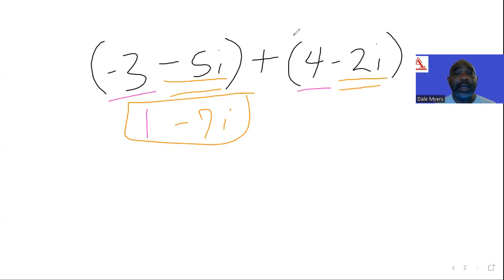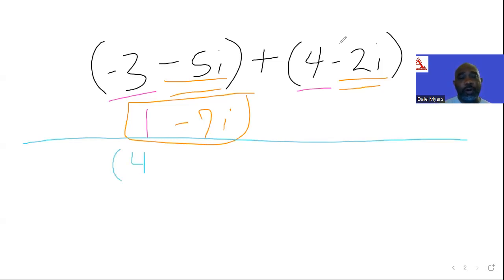Pretty easy, right? Let's just slightly switch it up just a little bit. What if I gave you 4 minus 2i minus (3 minus i)? This is the same thing. We're going to add the real numbers and add the imaginary numbers.